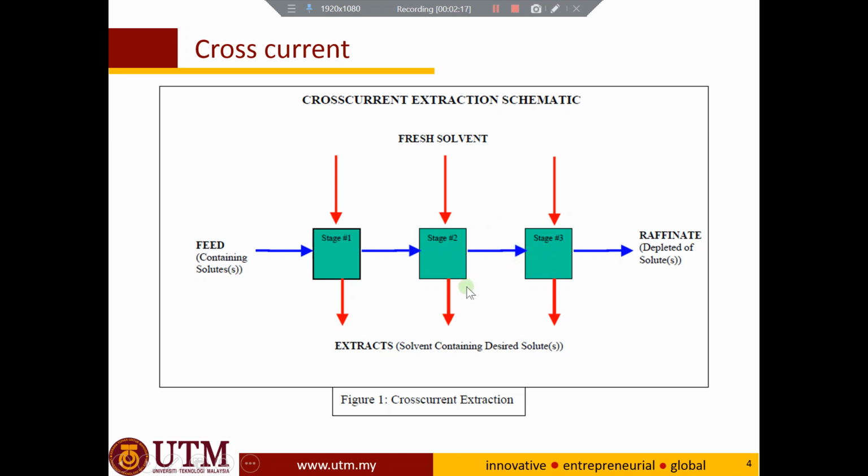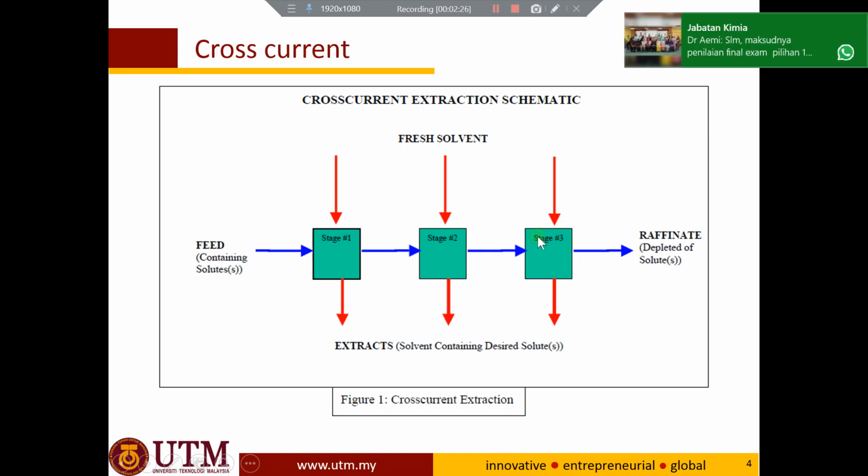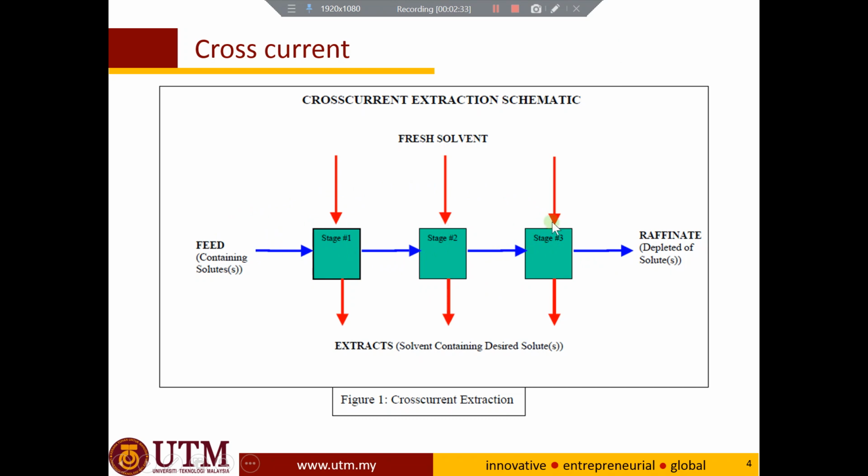Okay, we also learned about batch and continuous, right? If it happens in batch, mungkin you sampai sini saja. Maksudnya bila you perform the batch cross current, what you do is only until the third stage. But if you are doing the continuous cross current liquid extraction, you will continue this process until all your analyte of interest inside your sample is extracted completely lah.